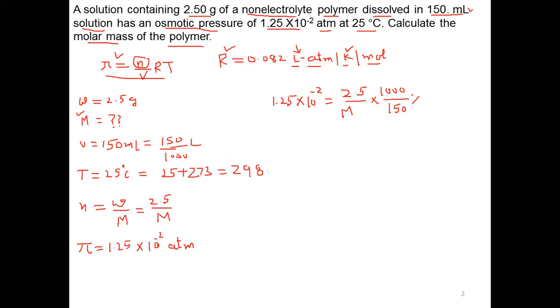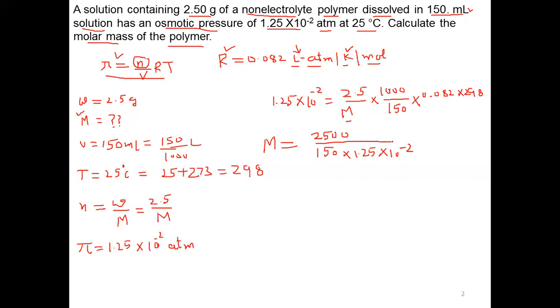Now what is R? 0.082, and what is temperature? 298. So from here we just have to calculate M. So take M on the left hand side. If we take this here, 1.25 will come in the denominator. So it is 2.5 into 1000, that is 2500, divided by 150, into 1.25 into 10 raised to the power minus 2, which will come in the denominator.